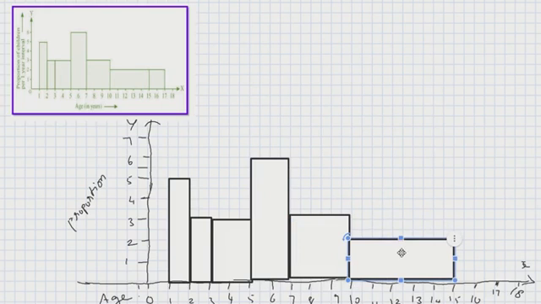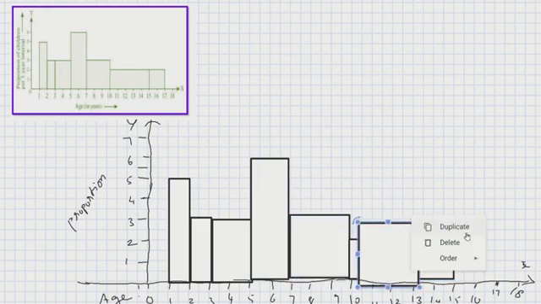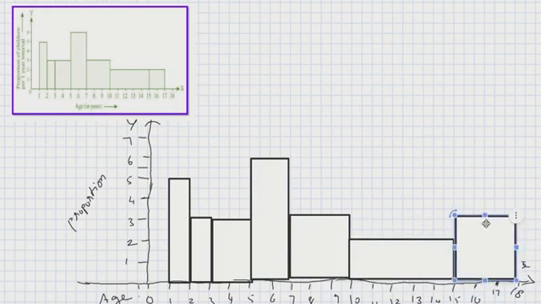The next one, 15 to 17, 2. That is also equal, and 15 to 17 only, so I have to draw up to 17.